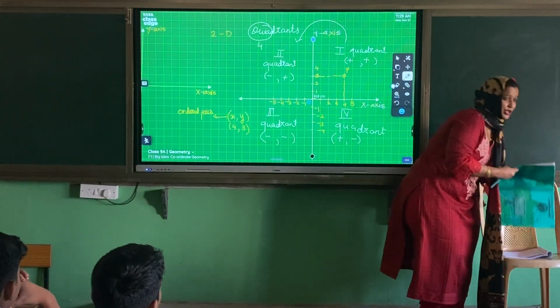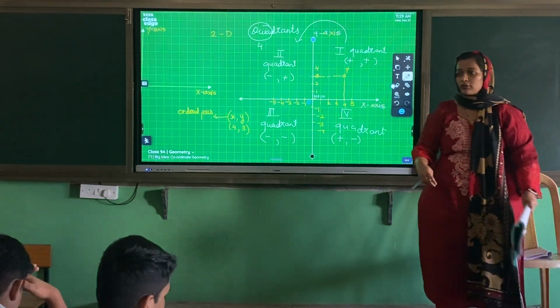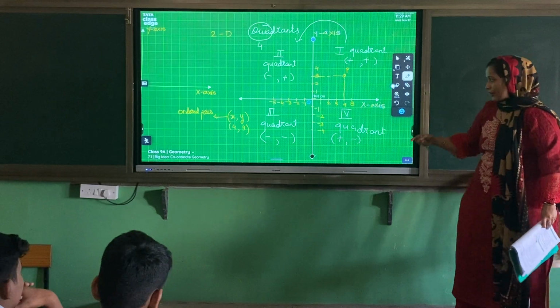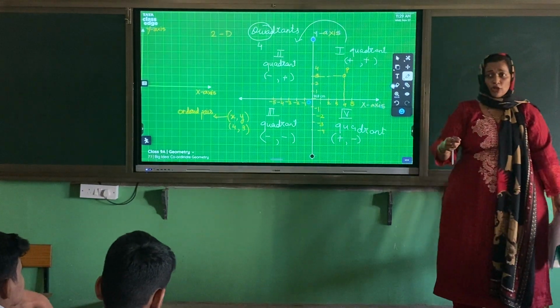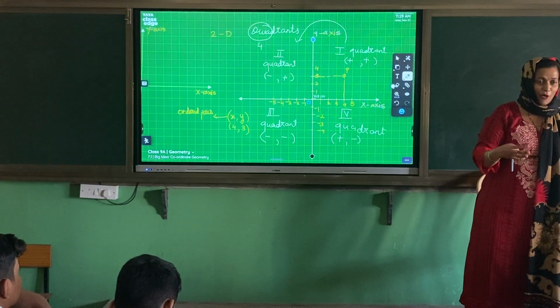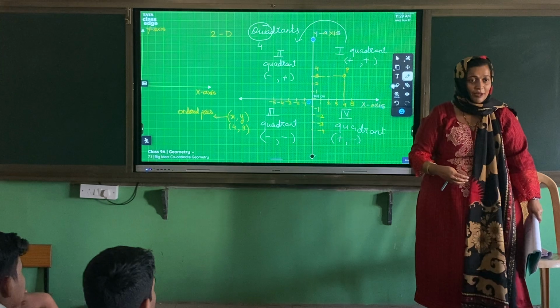So if I ask you a question, in which quadrant are the following points lying? Both the coordinates are negative. Third quadrant. Both coordinates are positive. First quadrant.